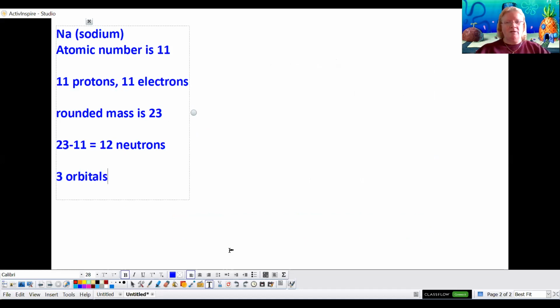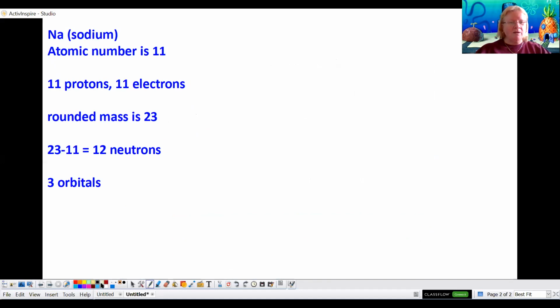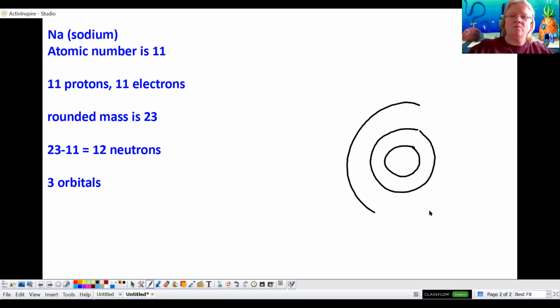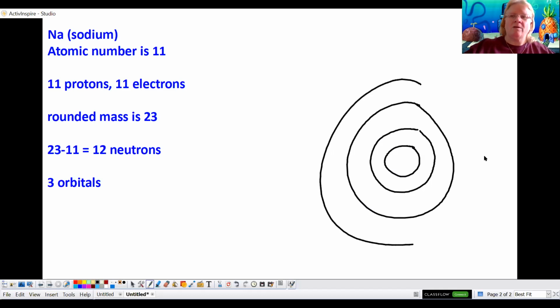Orbitals. So now I'm going to draw. Do it with my finger again. All right, so we need a nucleus and 3 orbitals. 1, 2, 3. Not as good as my last one, but it's still not too bad. It looks like a really wonky target there.